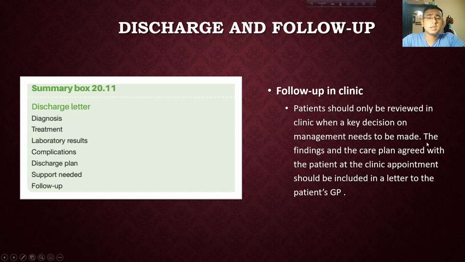Sometimes we will advise the patient to come to the hospital if any complication arises, or if you don't understand the problems. And after a postoperative period of 6 weeks or 12 weeks, we advise the patient to come for a follow up. Okay, the clinic appointment should be included in the letter to the patient's GP.